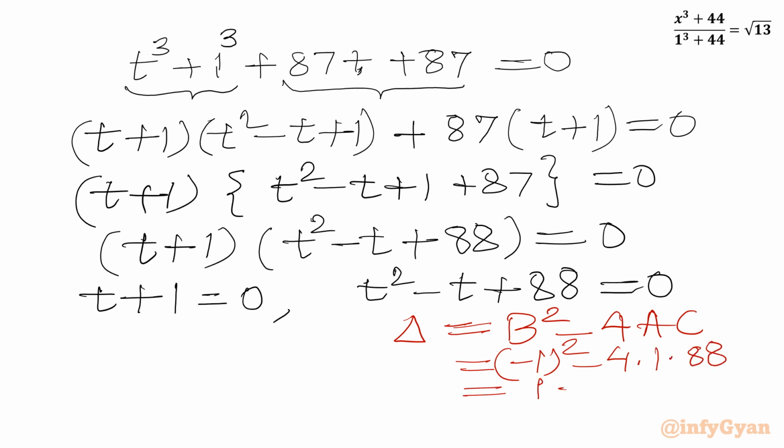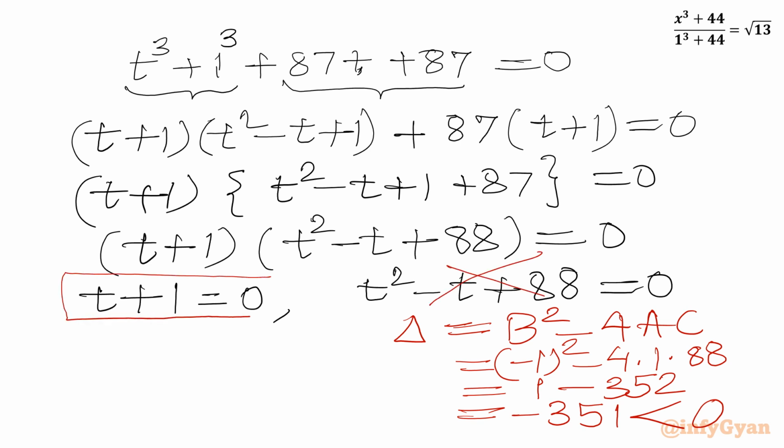So I can write 1 − 352, which will give us a negative value, −351. The discriminant is negative, so the solutions will be complex, and we will reject the quadratic equation for real solutions. So the only accepted value will come from the first equation, t = −1.